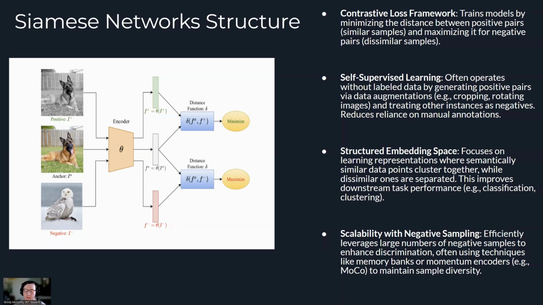It also uses a structured embedding space by focusing on creating these embeddings and then determining which ones are clustered closer together, and then improving on spacing out the ones that are dissimilar and making sure that they are separated by more distance from each other. It is also very scalable with negative sampling. So as we get more negative samples, we can also increase the diversity and performance of the Siamese structure.